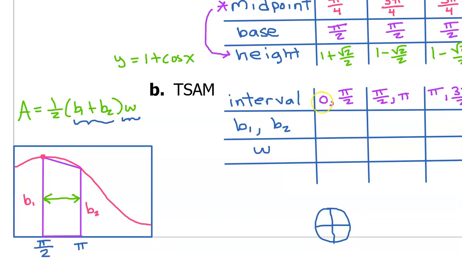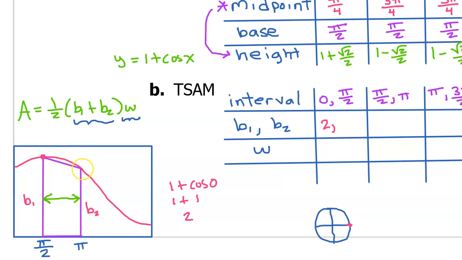So what is the value of the function at 0? Remember, the function is 1 plus cosine x. So this would be 1 plus cosine 0. Cosine of 0 is 1 because it's the x value here. So this would be 1 plus 1, which is 2. So that is B1.